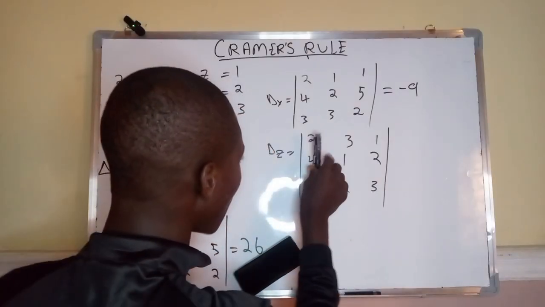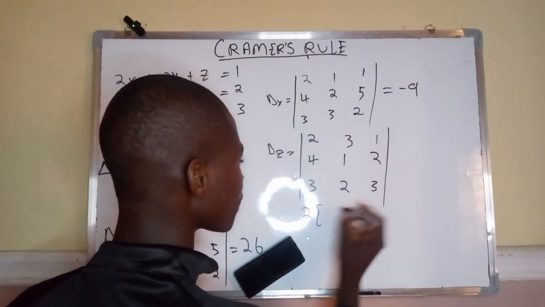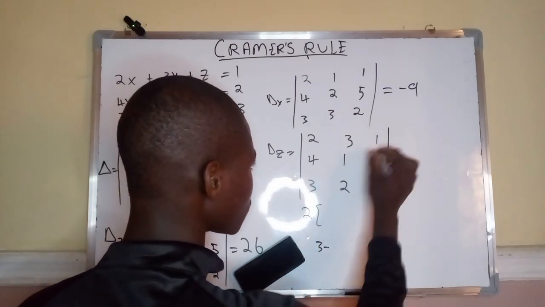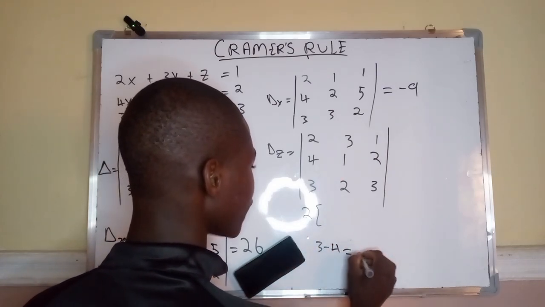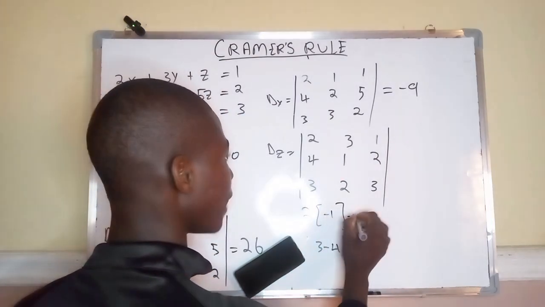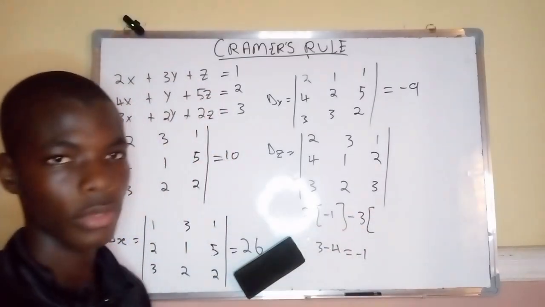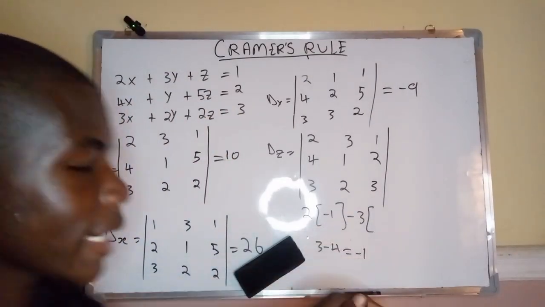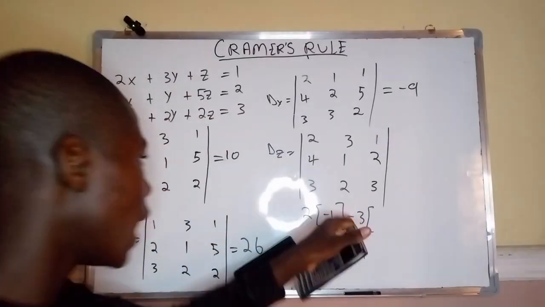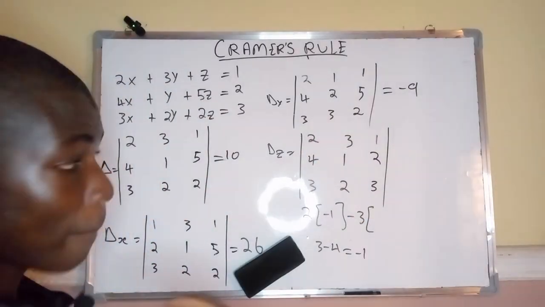So therefore, 2, I will delete this row and this column. 1 times 3, which is 3, minus 2 times 2, which is 4, and it is equal to minus 1. Minus 1 in brackets, times 3. This is the negative sign that we have as usual, and therefore I have to multiply by 3.